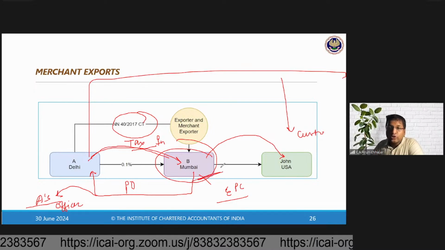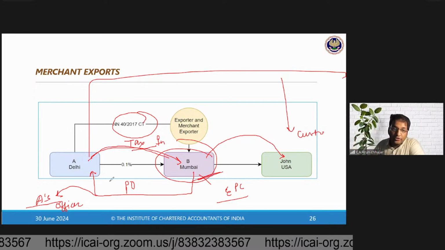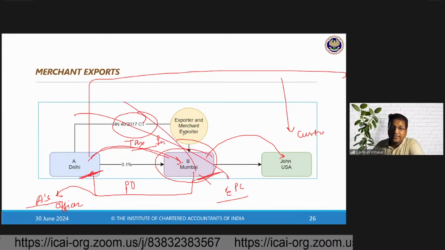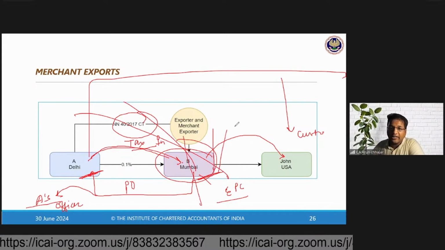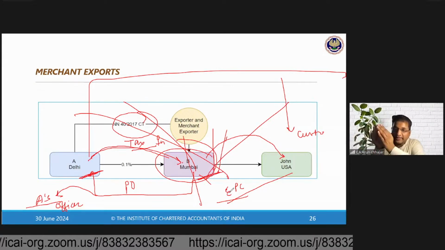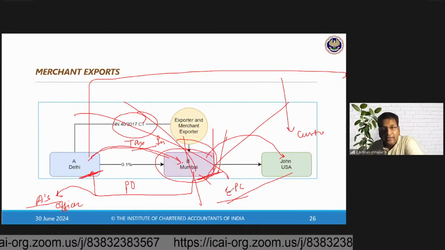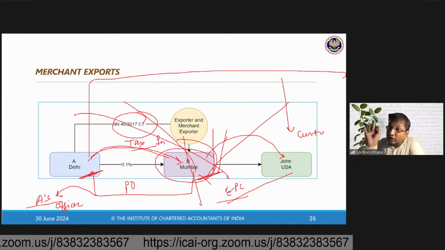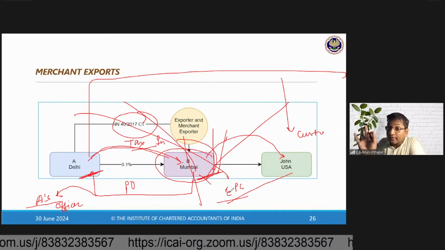If B would like to do the work of aggregation, suppose B has purchased from A, from C, from Z, from X, from Y, from P, from Q, from R, multiple persons, then he can do the aggregation, but it will be done in the customs bonded warehouse, and they have to take the acknowledgement on the tax invoice. Who?